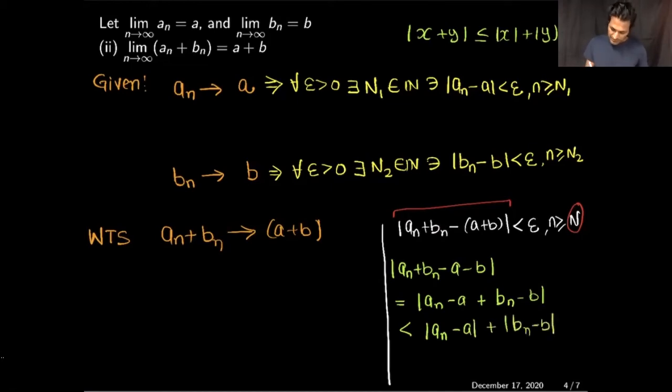And we have given that this is less than epsilon already when n is bigger than N1, and this is also less than epsilon when n is bigger than N2.